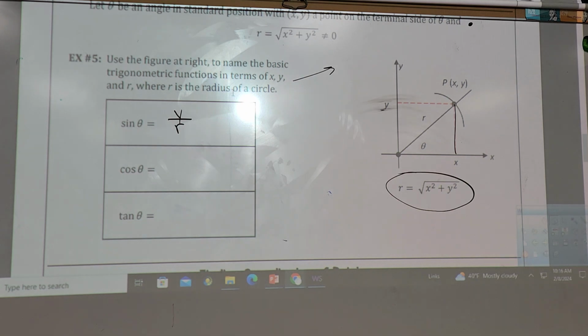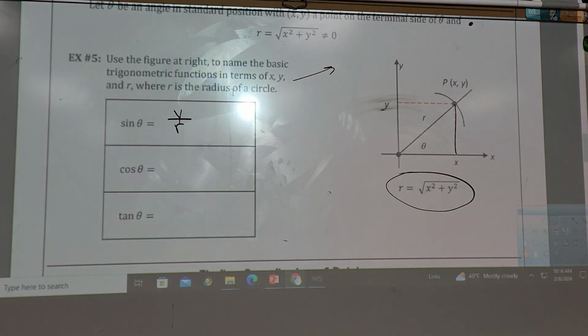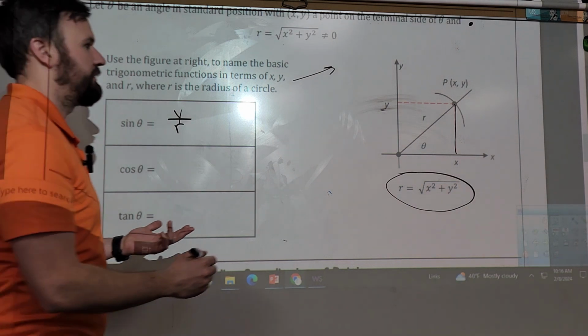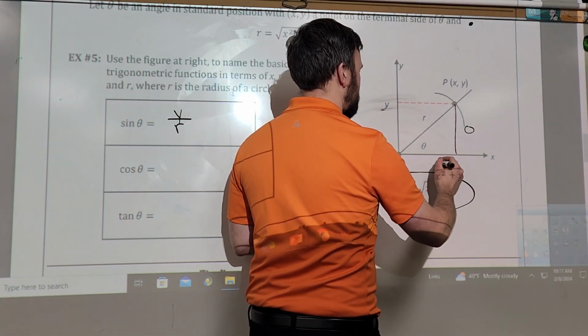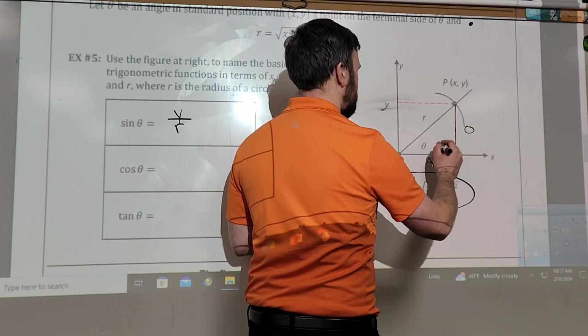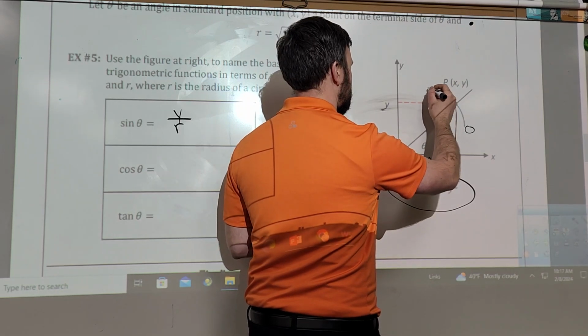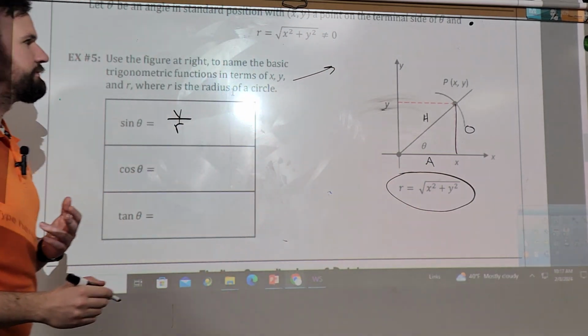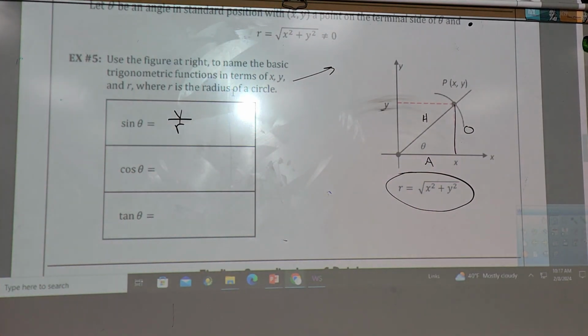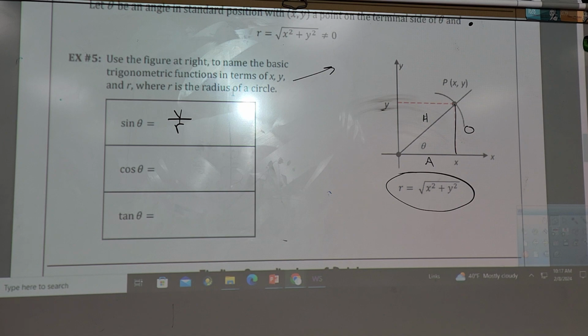It's my y coordinate over my radius, because when I find the radius, that's my hypotenuse. Y is my opposite, and my opposite is how high I went. That's my y.